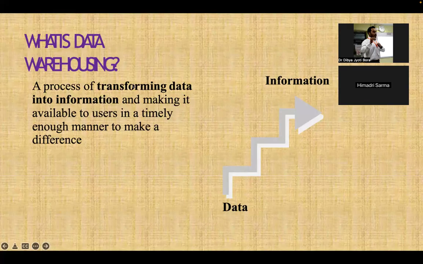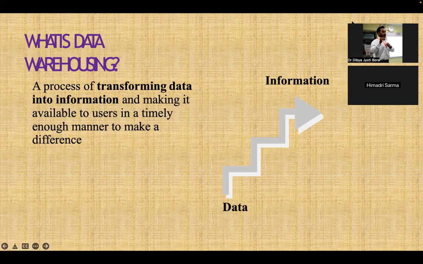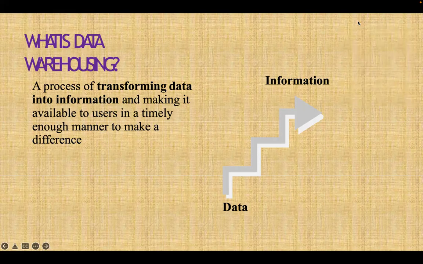So this is a process of transforming data into information. You cannot consider all data as information. There is a difference between information and data. Data is the raw data that we are talking about. When we process it, it becomes information, right?